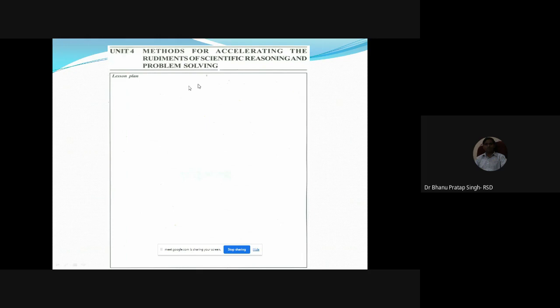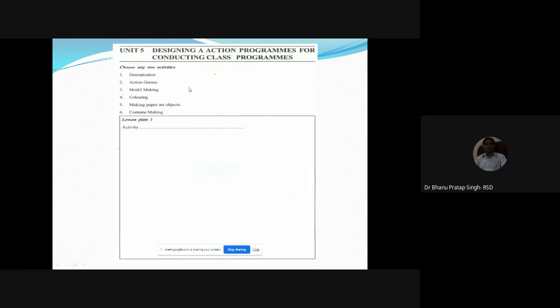If you go to Unit 5, that is the part of your part B. So Unit 5, we have already discussed, is designing action programs for conducting classroom programs, and there are activities, but you have to choose two activities. One is dramatization, action games, model making, coloring, making paper art objects, and costume making.